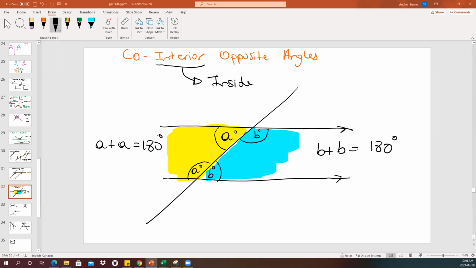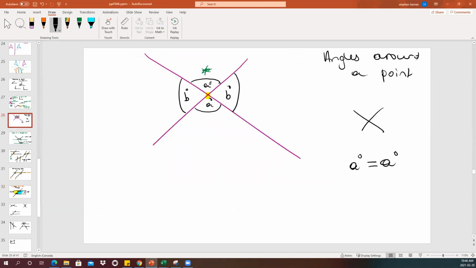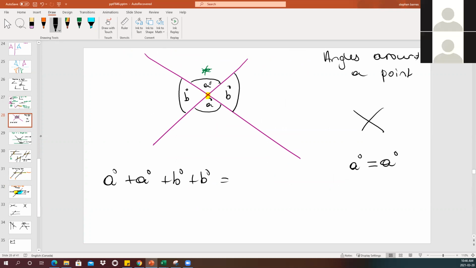So we have 5 rules, I think, 5 or 4. One, we started off with angles around a point. All the angles around a point sum to 360, right? So if we take A degrees plus A degrees plus B degrees plus B degrees, that is equal to 360 degrees.